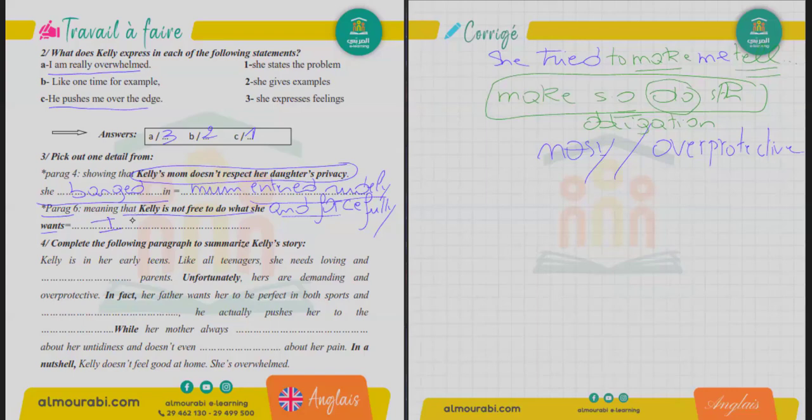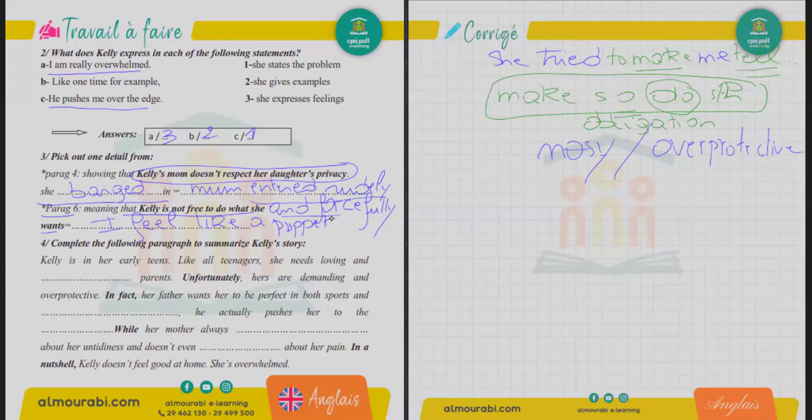Good, that's it. Thank you. That shows that she's not free. She's not enjoying freedom at home to do whatever she wants to do. Great. Now we have understood the whole text.